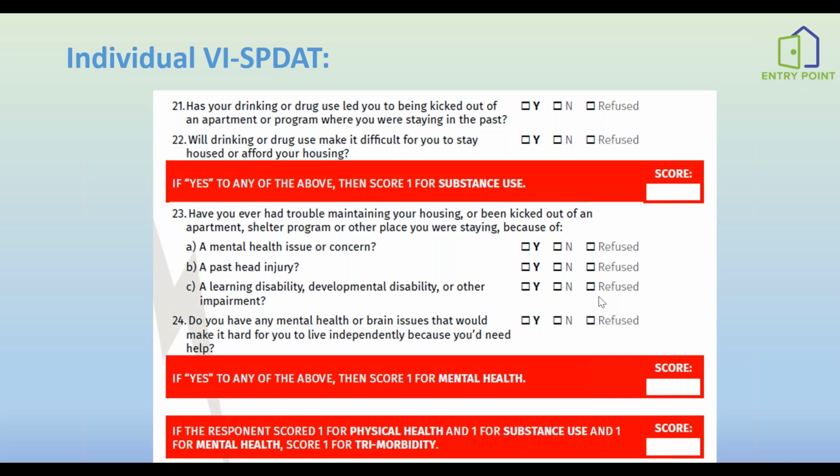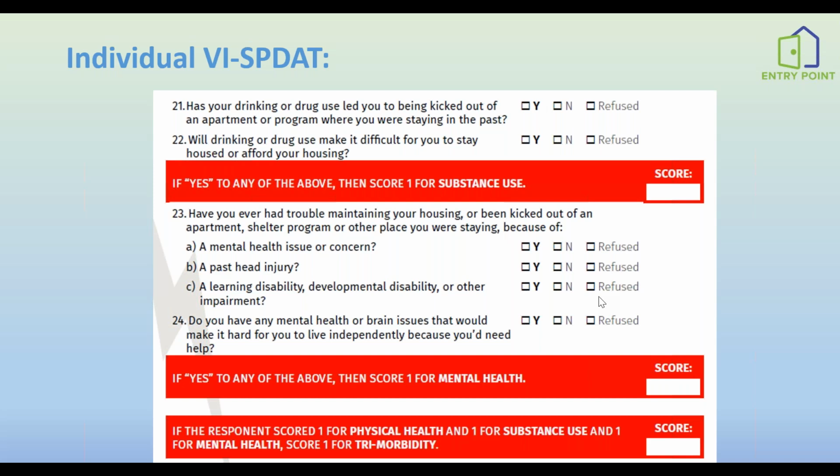Will drinking or drug use make it difficult for you to stay housed or afford your housing? This might be a chance to remind someone that this is not about judging them and that we're not going to keep them from being housed just because they use alcohol or drugs. In fact, it's important that we know what their risk factors or obstacles are.